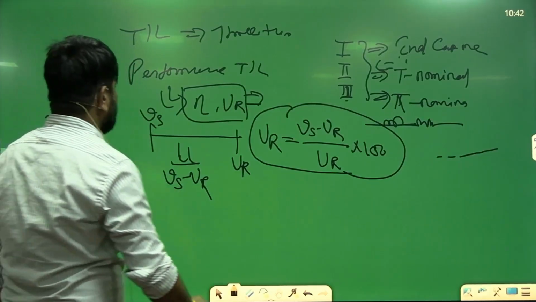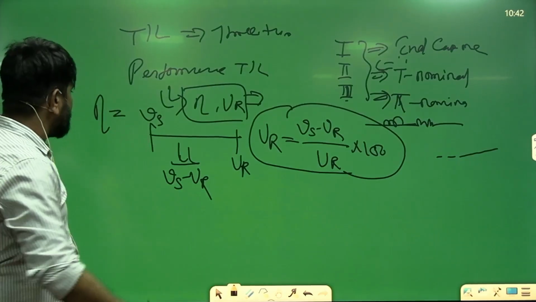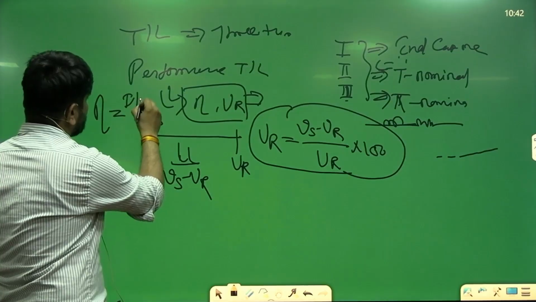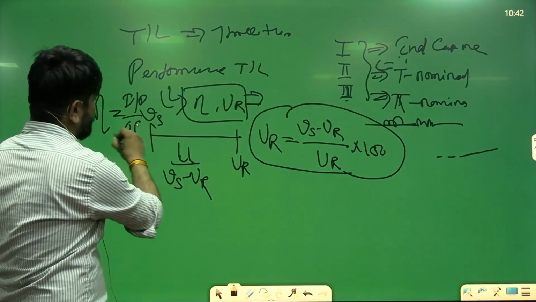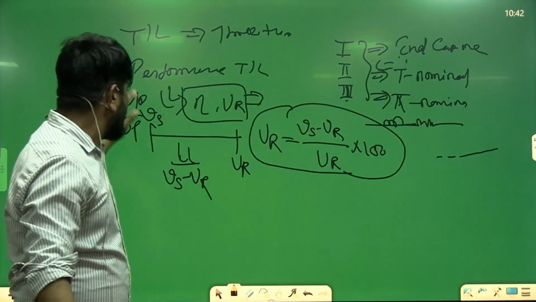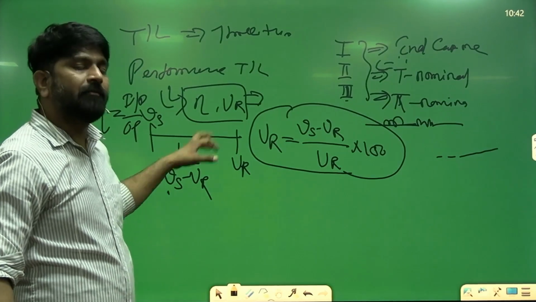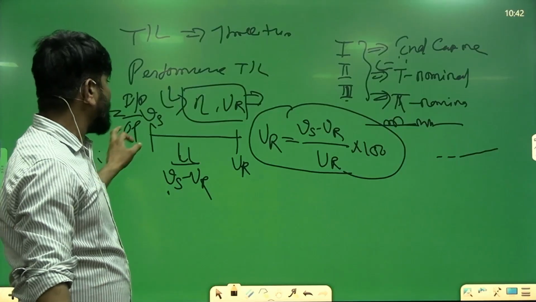Efficiency always depends on output divided by input. What is our input? Input is the sending end voltage, and what is the output?